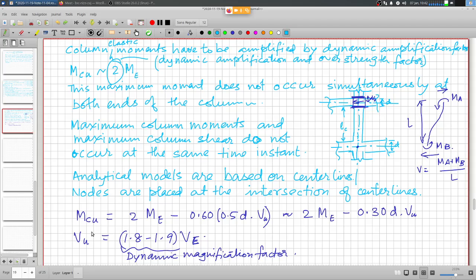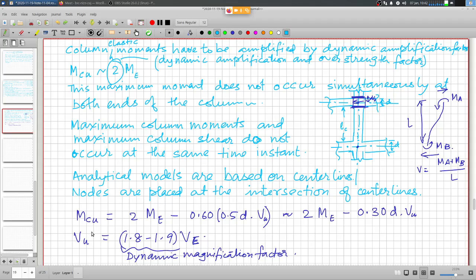It is also possible to have it at the top level, because there is no axial load in the top floor columns, so we can allow inelastic deformation and curvature ductility in the top floor columns.